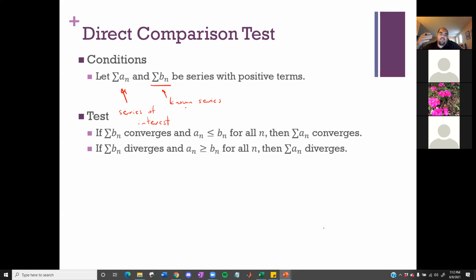On the other hand, if my known series diverges and all the terms in my sequence of interest are bigger than the known sequence, then that series has to diverge as well. So any questions on the logic, the setup of this direct comparison test so far?